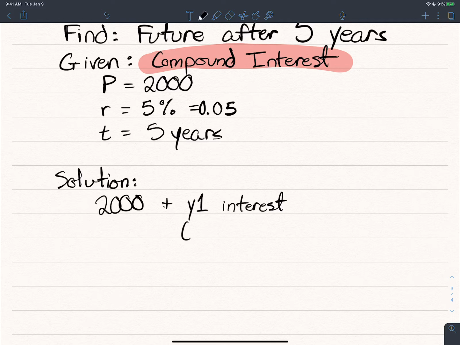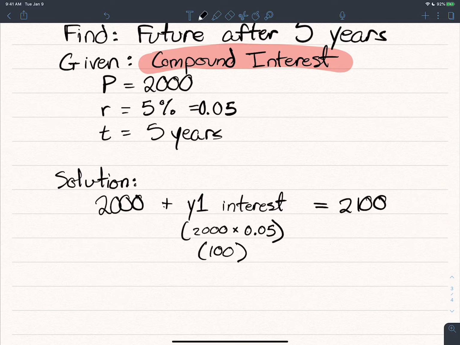For year one, we do the same thing. 2,000 times 0.05, right? 2,000 times 0.05. And what do we get? We get that this is 100. So everything looks good, almost the same. So at the end of year one, Afia owes $2,100.